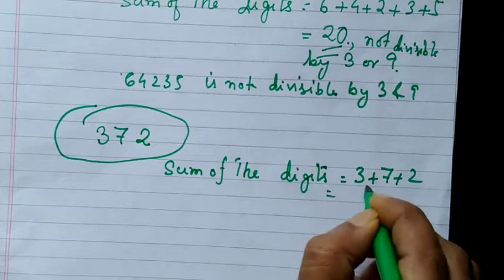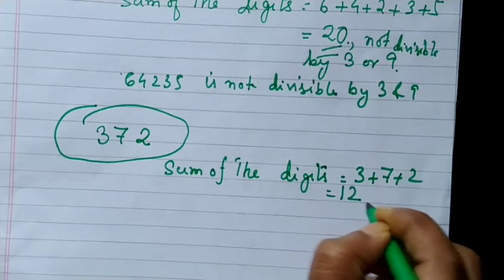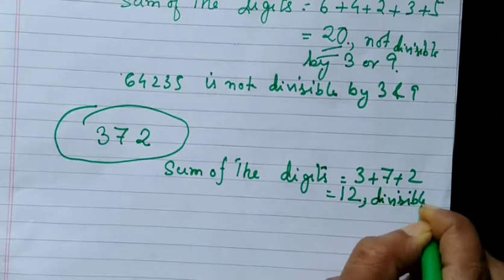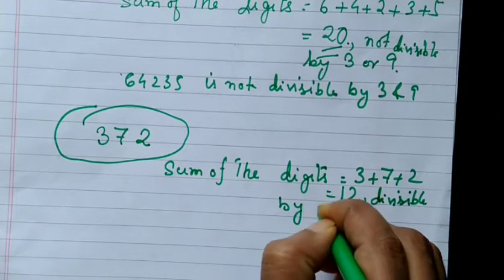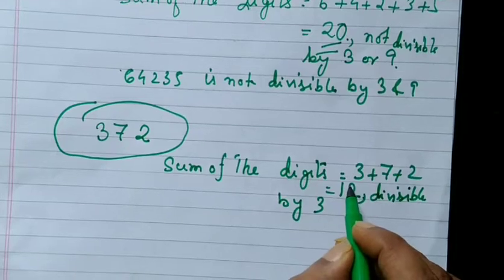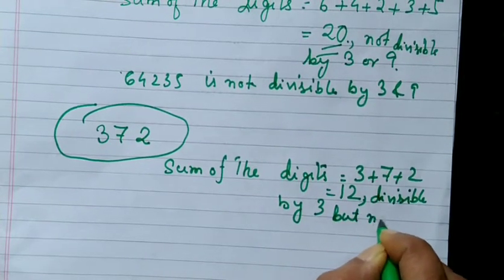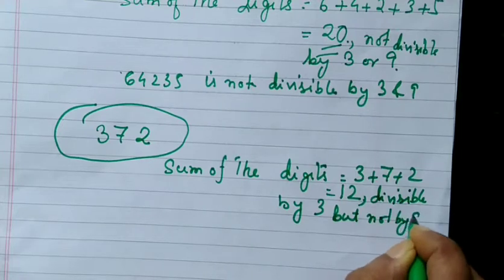We'll get 3 plus 7, 10, 10 plus 2 is 12. Now this is divisible by 3. But is it divisible by 9? No. Divisible by 3 but not by 9.